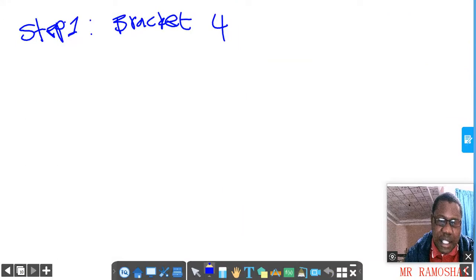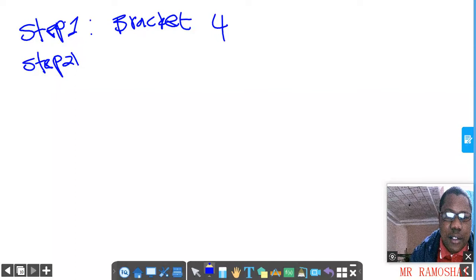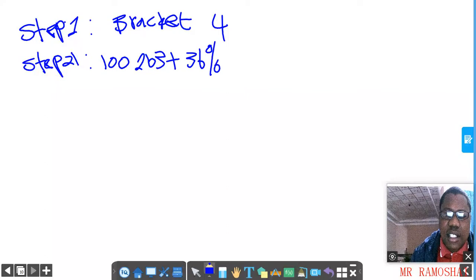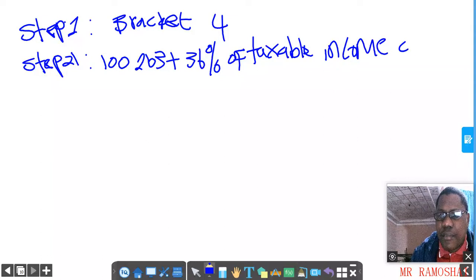Let's rewrite it, step 2: 100,263 rand plus 36% of taxable income above.